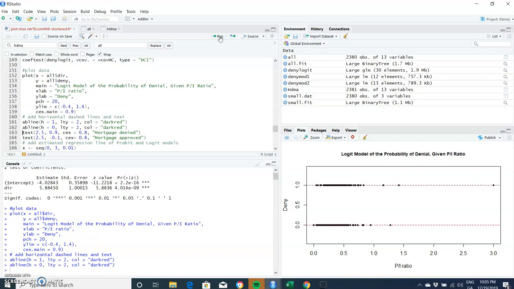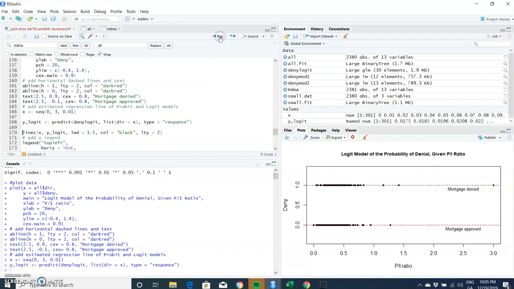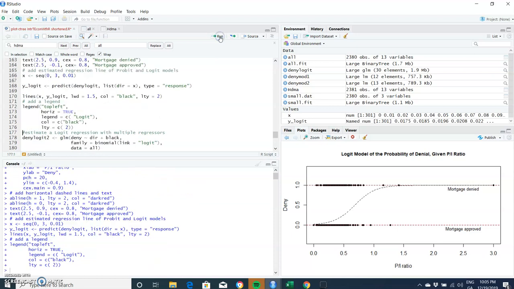Again, we're going through the same steps as before, and then we set out the model fit with the single variable. Notice the key advantage of the logit model is that it's bounded by 1 and 0. So we don't have a negative range, we don't have a positive range. And again, we can do that with more variables.